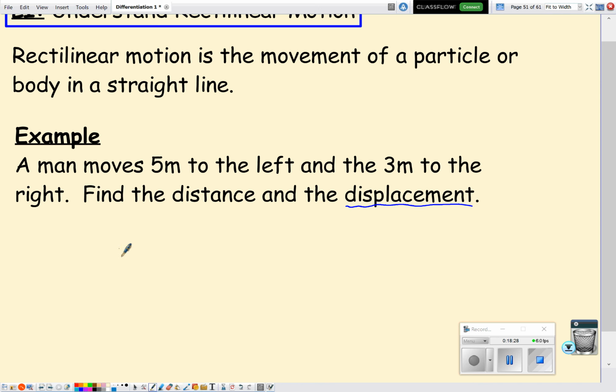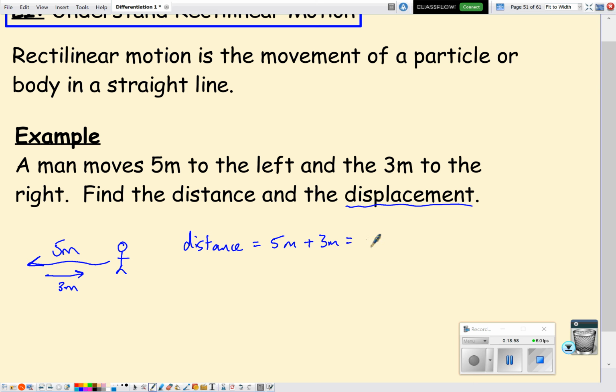Okay, so if a man moves 5 meters to the left, oh, that's the wrong way. That's right. If a man moves 5 meters to the left, okay, and then goes 3 meters to the right, okay, then the distance travelled is 5 meters and then 3 meters.